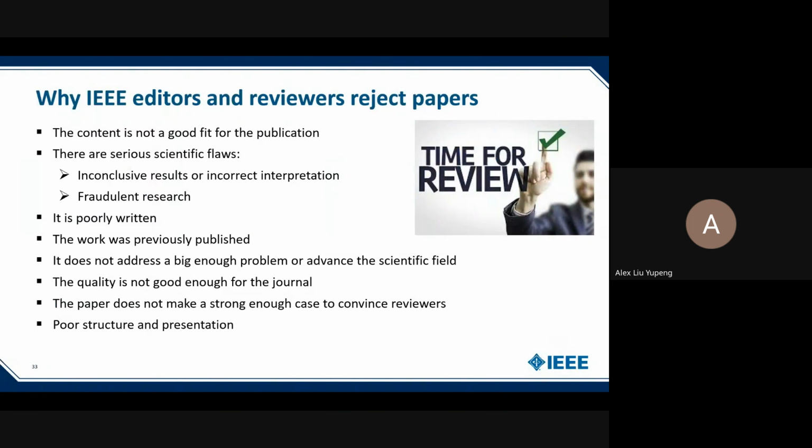Why are papers rejected? Again, it's two categories. The first one is the same as the scope, which is just not in the scope of this publication. It's not the appropriate level, appropriate coverage, appropriate importance of what this publication is covering. The rest of it is either to do with the research or with the writing of the paper.